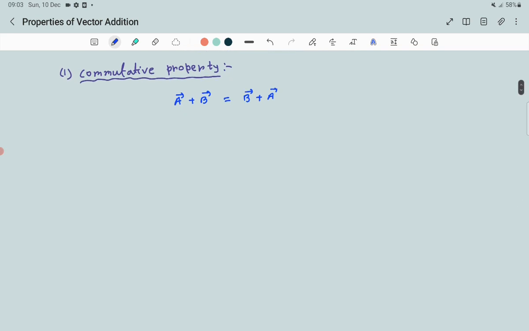Now how can you prove this result? Let us take a parallelogram. That will be very easy for you if you want to prove this. So suppose we have a parallelogram, something like this, and you know the vector addition by using the parallelogram law.